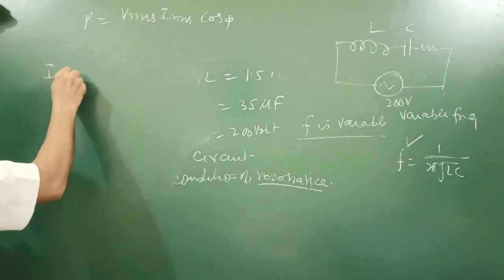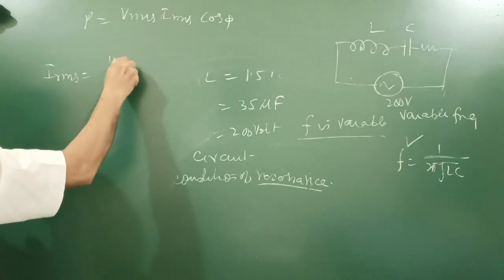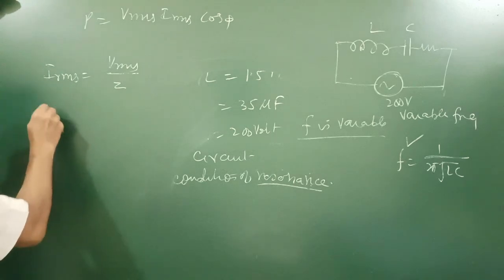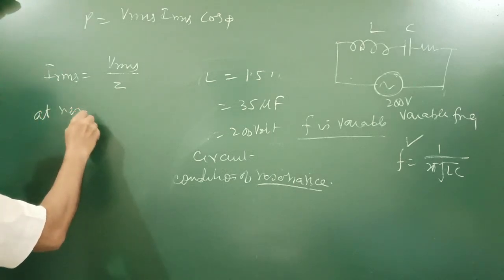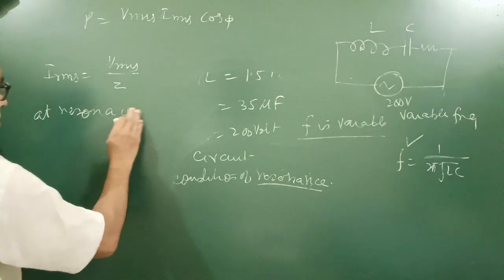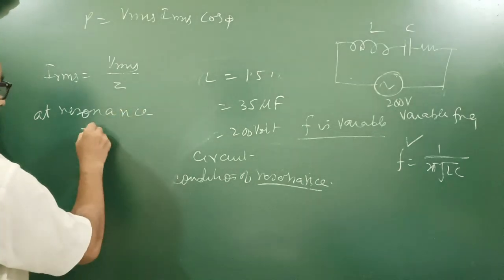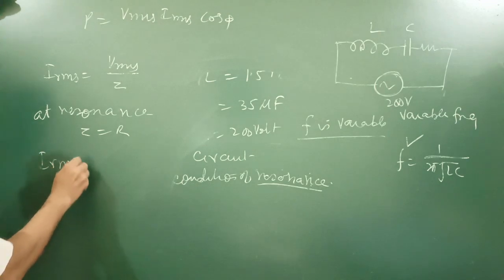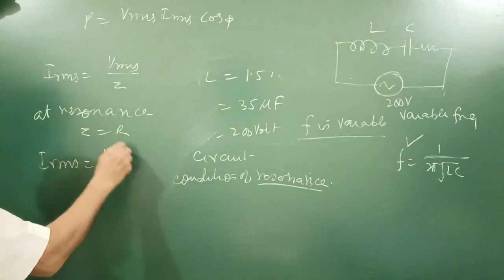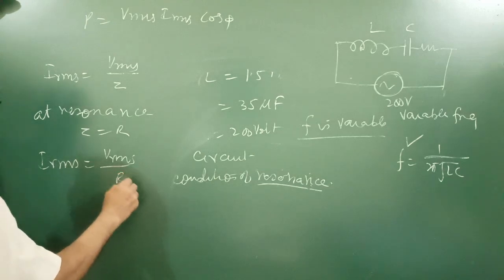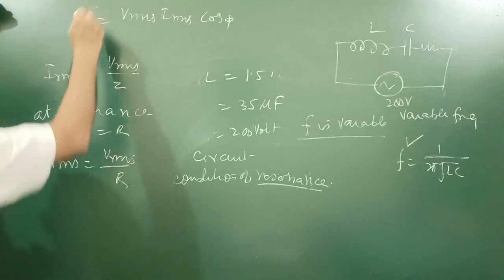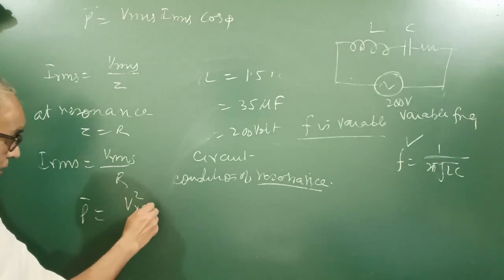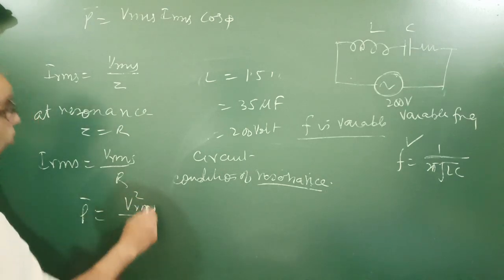Irms is equal to Vrms upon Z. At resonance Z is equal to R. Therefore Irms will be Vrms upon R, and hence average power dissipated P is equal to Vrms square upon R, cos phi is 1.